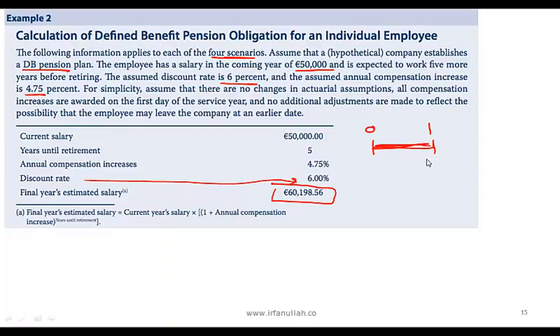So we take the 50,000 at the end of the first year, and then if he's retiring at the end of the 5th year, how many years will this compound? This will compound at 4 years. So if you start with 50, compound at 4 years, at what rate? 4.75 or 6? 4.75, you will get this salary of 60,198.56. All right, make sure you do this.